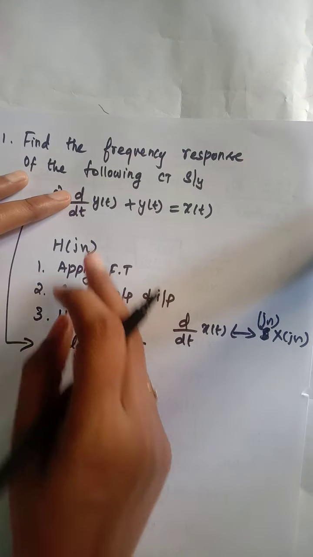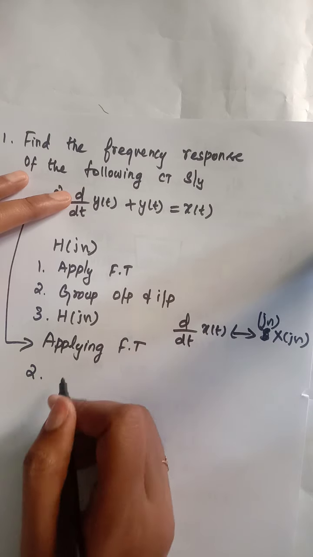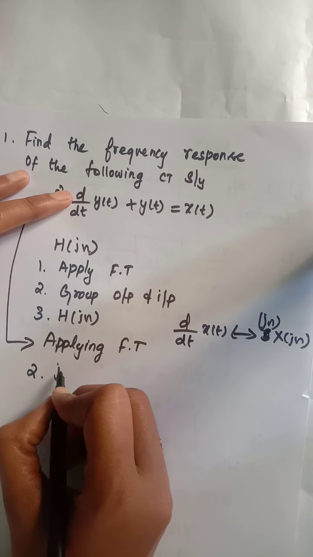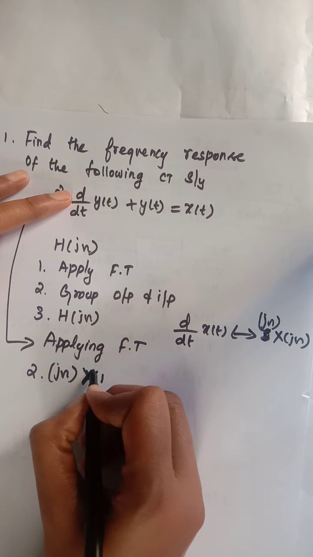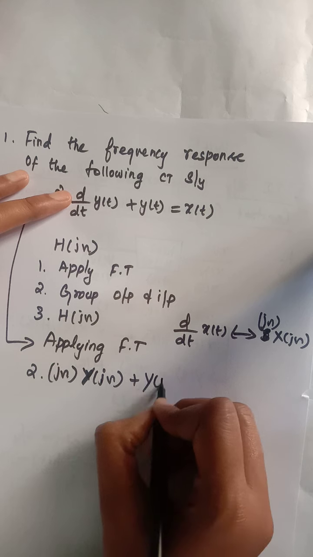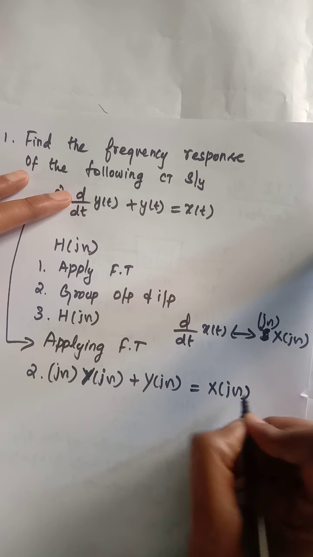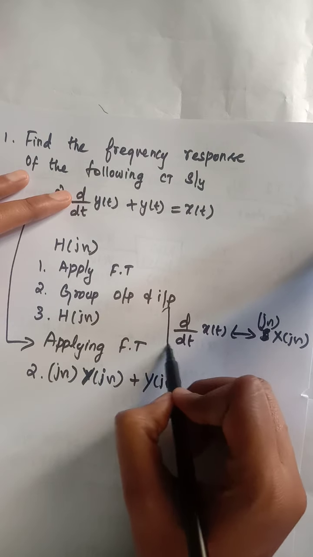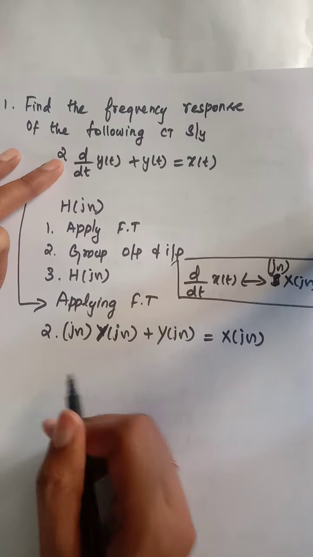So 2 into d by dt y of t, instead of x of t I am having y of t here, gives j omega Y of j omega, plus Y of j omega, which is equal to X of j omega. This is the differentiation property in the time domain that I am applying.